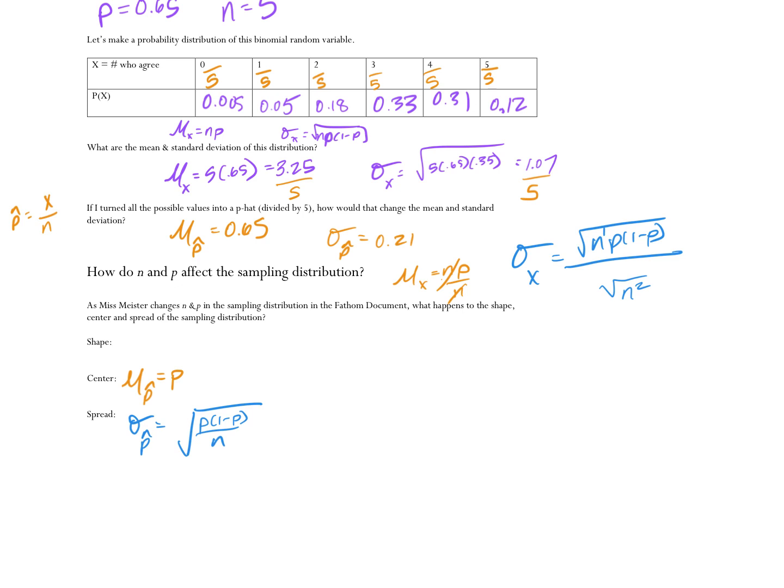Subtract. So the reason I might do that is it becomes the square root of np(1 minus p), like I can write it as one square root sign. But then n over n squared would just become n to the 1 on the bottom. That's an approach to look at it.